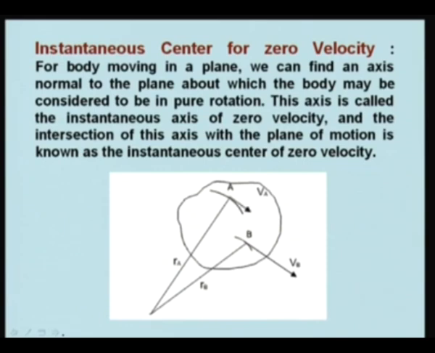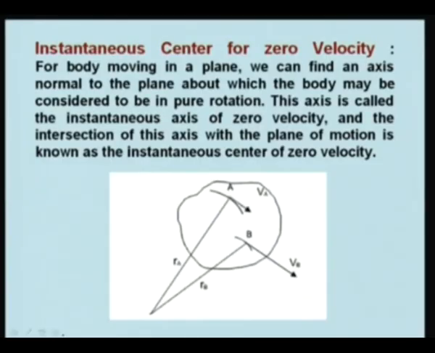Now we discuss another point. We discuss the instantaneous center of zero velocity. Now for a body moving in a plane, we can find an axis normal to the plane about which the body may be considered to be in pure rotation.